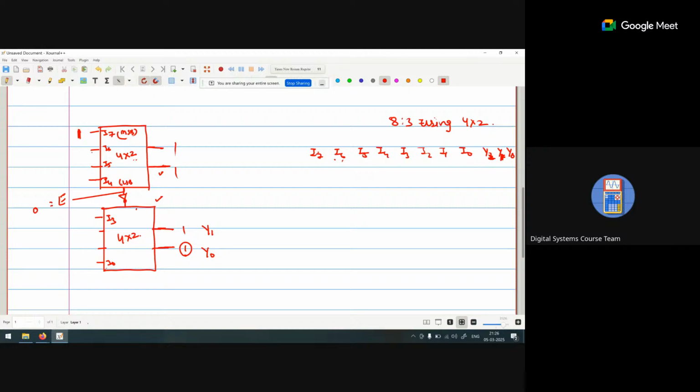With the help of this enable pin, I can connect it to the two circuits, upper and lower, in such a way that at a time only one encoder will be working. When enable is zero, the lower one will be working. When enable is one, the upper one will be working. Okay.